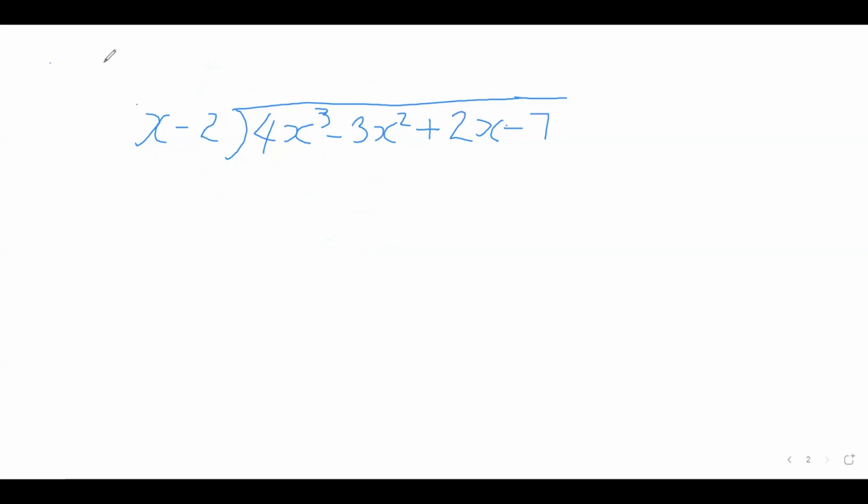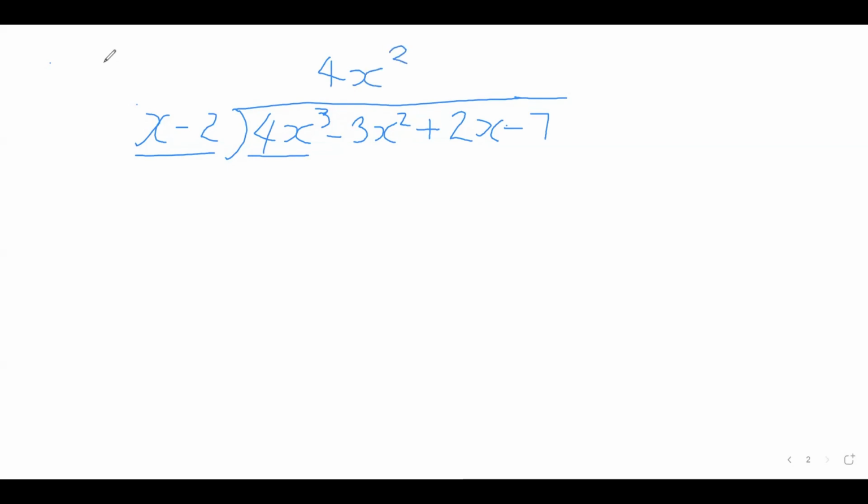So let's look at 4x cubed minus 3x squared plus 2x minus 7 divided by x minus 2. So the first thing we're going to do is try to figure out x minus 2 into 4x cubed only. So we know that x minus 2 into 4x cubed will take us to 4x squared.